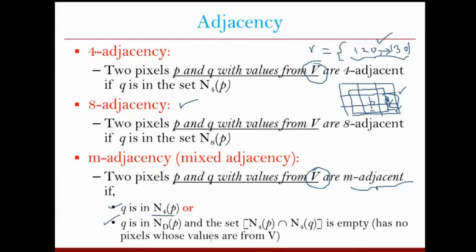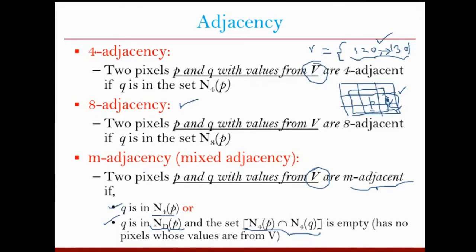That means Q should be an N4 neighbor of P, and the intensity of P and Q should come from V. If that is satisfied, then we can say that Q is M adjacent to P. The second condition says that if Q is not in N4, that means it is not situated left, right, up, down, but is situated diagonally with respect to P, then it can be considered M adjacent, provided N4(P) and N4(Q) do not have anything in common. Their intersection is empty.